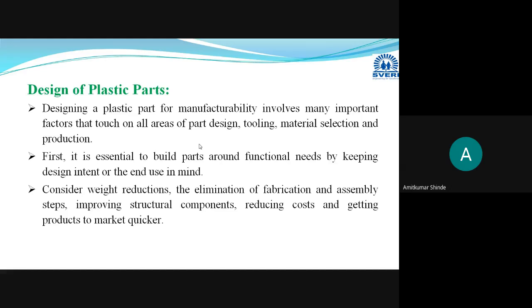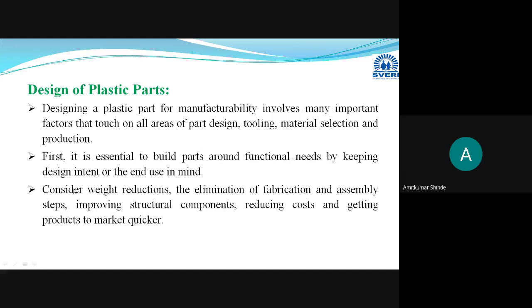While designing any plastic part, you have to consider whether the material is available for that particular design, whether the tooling is available, and whether the production is practically possible. This is the broader aspect before designing any plastic parts. You have to keep these points in mind.